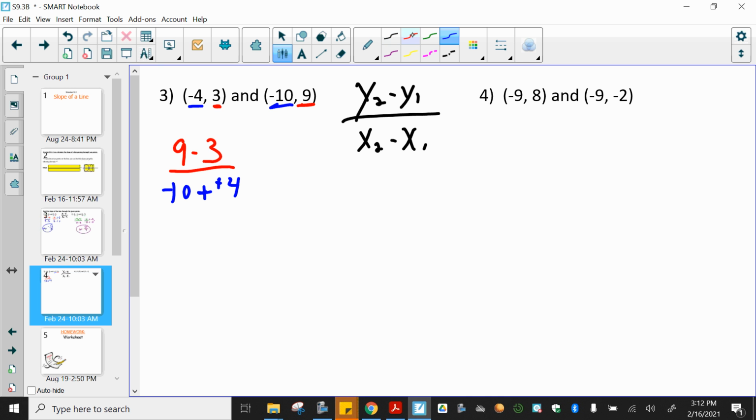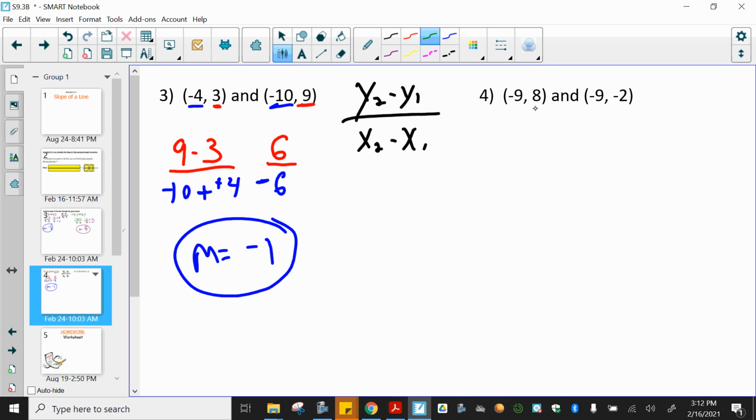So now I'm going to total those up. I have 6 over negative 10 plus 4, which is negative 6. So now I have 6 over negative 6. The signs are different, so it's negative, and 6 over 6 is 1, so negative 1. My slope is negative 1 on this one.